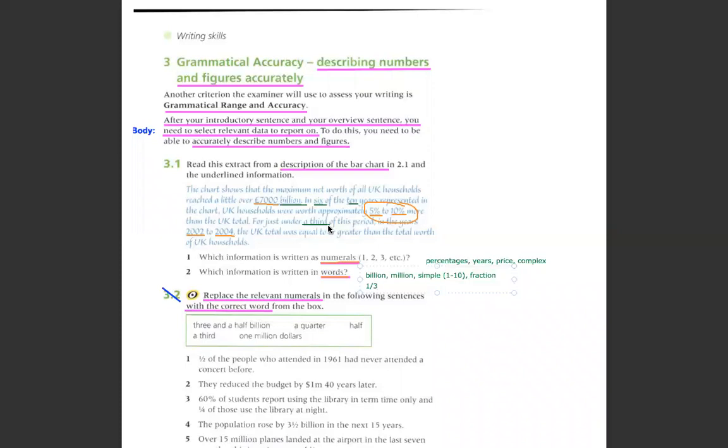Okay, we don't write 1 over 3, but we write it down in words like a third, a fourth, a fifth, for example. Okay, so please remember this. You would get higher marks if you do this correctly. Write percentages, years, and complex numbers in numerals, and you write simple numbers and fractions in words.